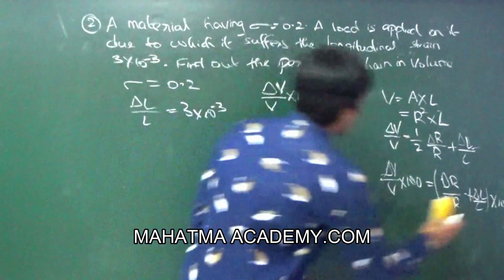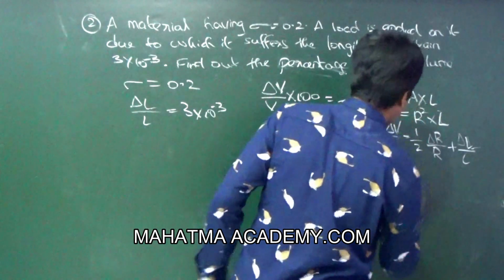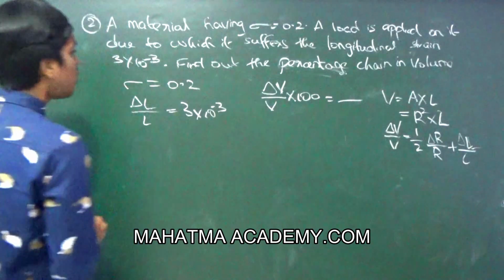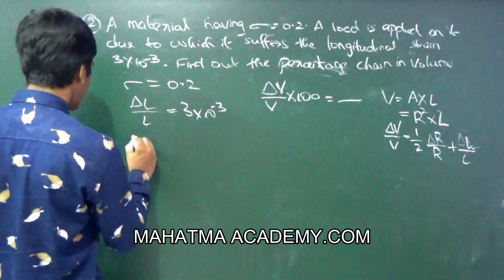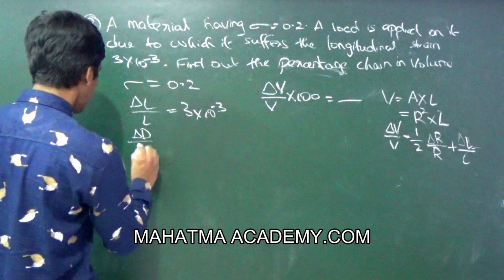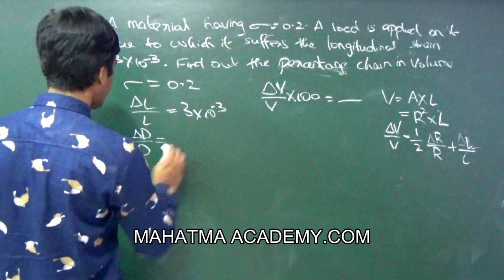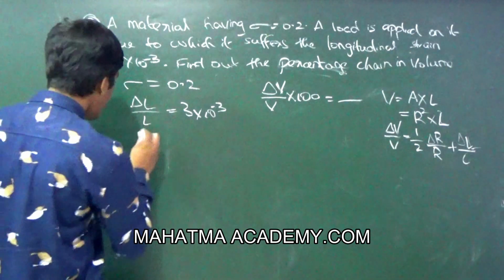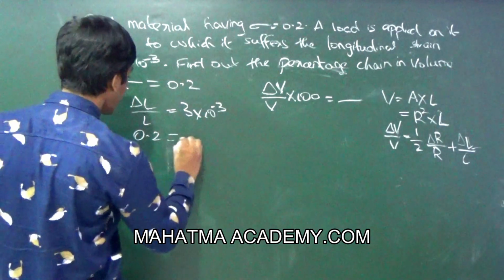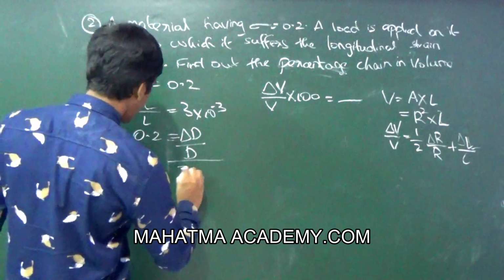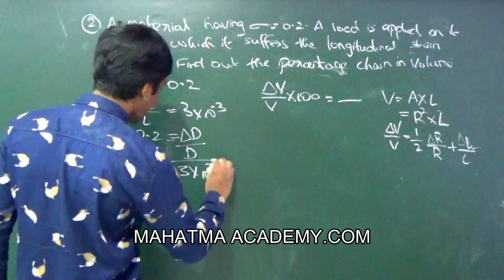Okay, I think it is not visible. First, write this. Now from this we can get delta D upon D. First we write sigma is equal to delta D upon D upon 3 into 10 to the power of minus 3.